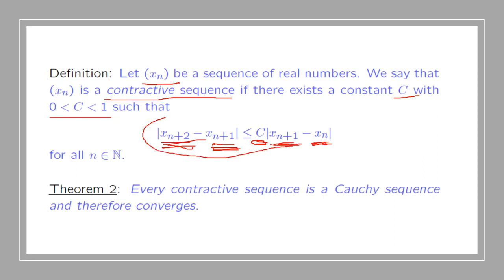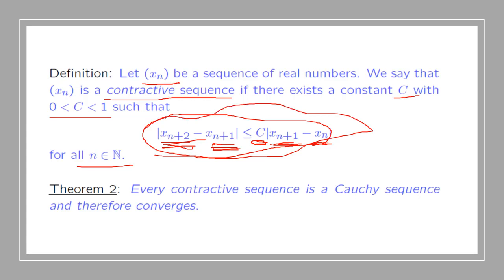And this inequality must hold for all natural numbers n. So if this inequality holds for all natural numbers n, then we say that the sequence xn is a contractive sequence.